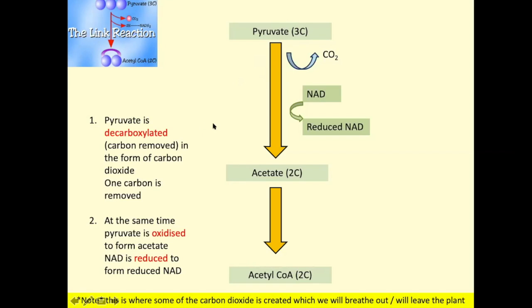And so there's a couple of words you need to know, like decarboxylated is going to happen. And all that means is that CO2 is removed from the pyruvate. And there's a pattern here that every time you see CO2 removed, you'll see NAD become reduced NAD or NADH. Okay? And then we get something unfortunately named acetate. I'll say why that's unfortunate in a minute, but the point you need to remember is it's got 2 carbons.